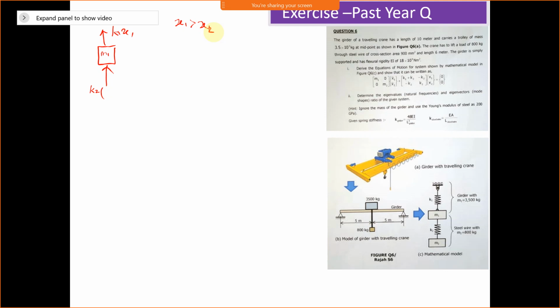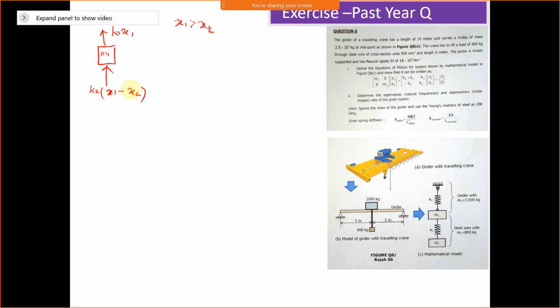Apa yang berubah? Dia akan berubah dekat bahagian sini. K2. So K2 dia mesti akan jadi X1 sebab dia lebih besar daripada X2. Maksudnya kita akan buat dia sebagai X1 minus X2. Okay, clear? X1 minus X2. Alright.